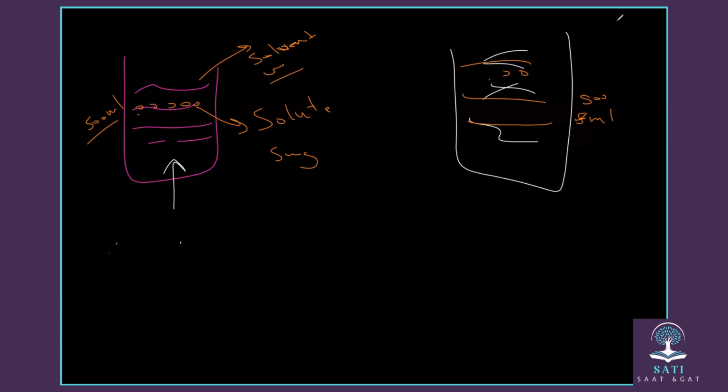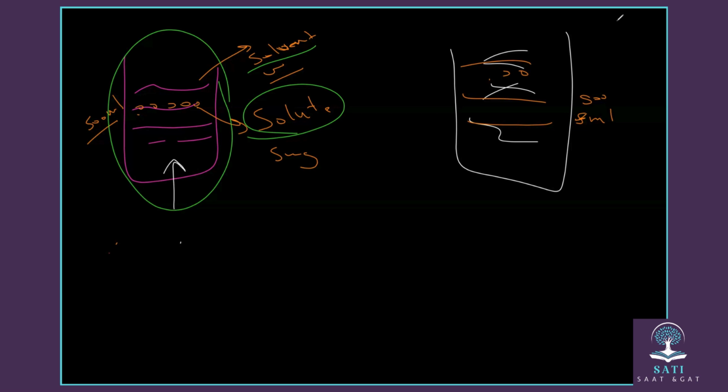What do we mean by concentration? Concentration means the amount of solute particles. What is the amount of solute particles that are dissolved in the solvent or in the solution as a whole? Is this amount a small amount or a big amount?